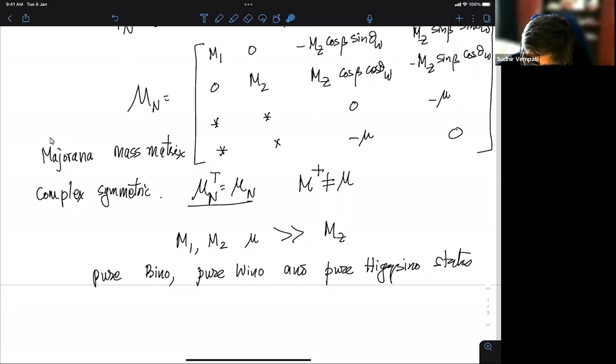Now, if you want to have any mixing, the first condition you see is that you need these off-diagonal entries comparable to M1, M2 or mu.